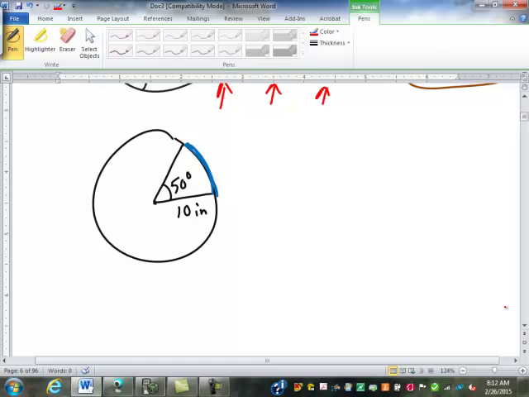Here we're going to find the circumference of the whole circle, which is going to be pi times 20. Where'd 20 come from? The radius is 10 inches, so the diameter is 20 inches. So that's going to be 62.8 inches. Then what?